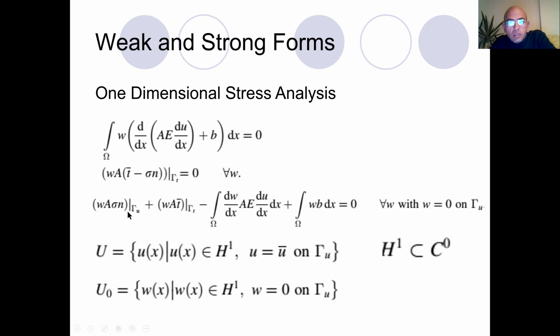And from there, we can easily say that W A sigma n gamma u, where sigma is the stress at the prescribed displacement, plus W A T bar gamma T minus the integration of dW dx multiplied by the area multiplied by the Young modulus du dx, plus the integration of W multiplied by B. B is the distributed force or external loads, let's say, over the omega, for all W with W equal to 0 on gamma u.